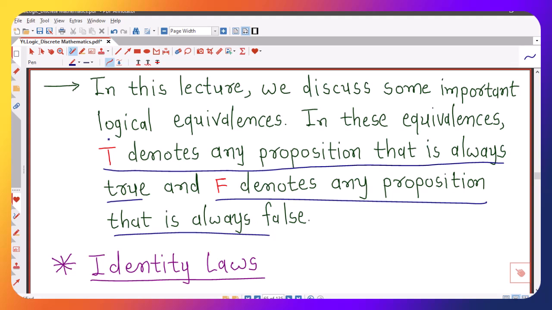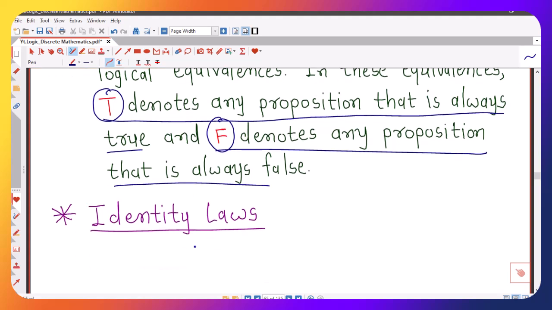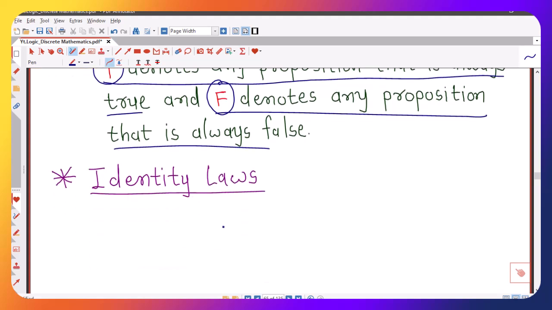So we will understand meanings of capital T and F in this way when we are writing all these logical equivalences which are standard laws of logic.